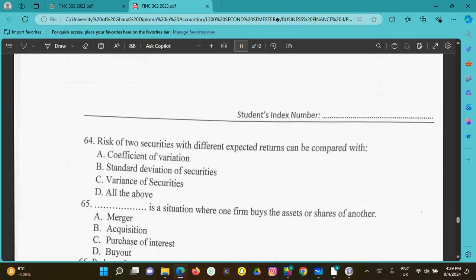Risk of two securities with different expected rates of return can be compared with A, the coefficients of variation, how they vary.